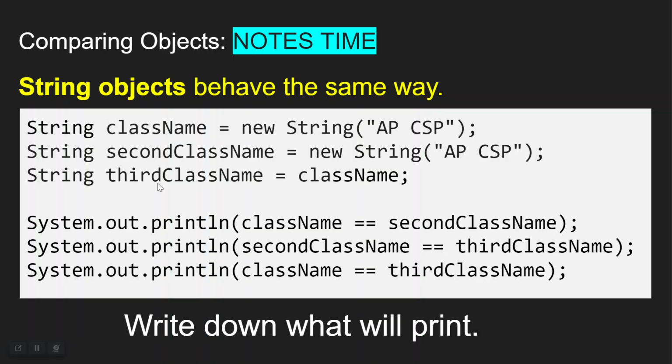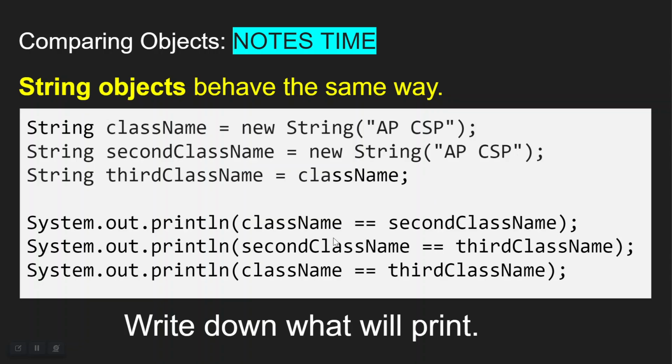Down here, we've got String className equals new String APCSA, and then String secondClassName equals new String APCSP, and then String thirdClassName equals className. So thirdClassName is going to be an alias of className. And even though these are all string objects, they still will operate the same way. So if we print className equals equals secondClassName, is className an alias of secondClassName?